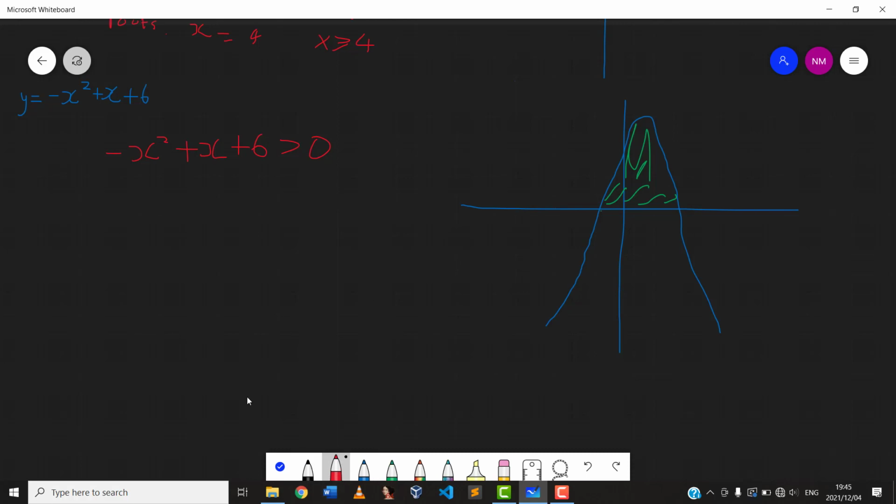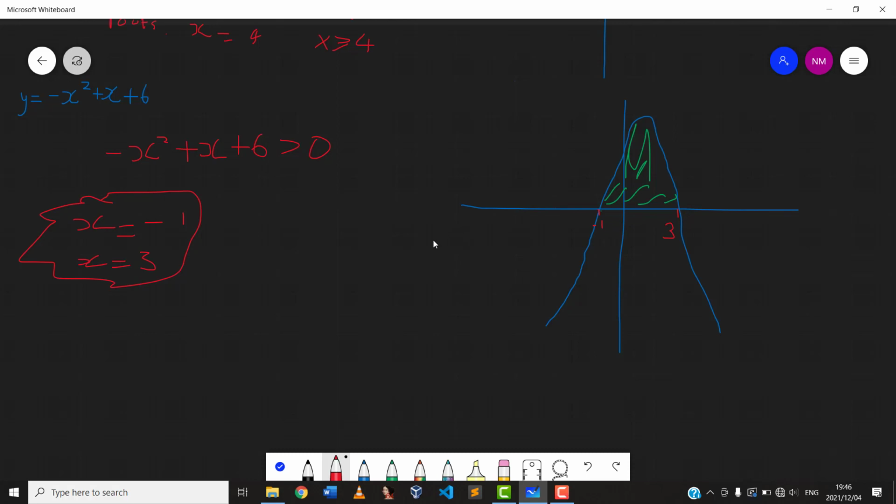Let's just write that down. So those are the roots. Now, for which values of x is y greater than 0? So in between minus 1 and 3.